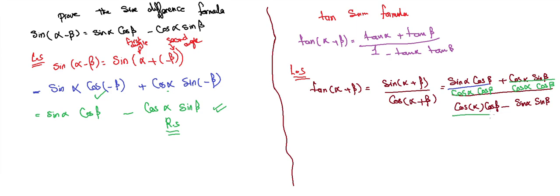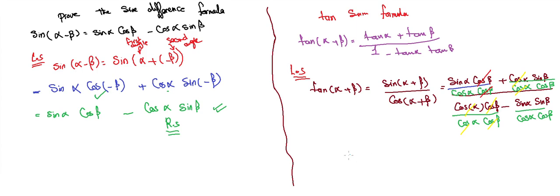Excellent. Do the same thing down, because you've done something up, so to keep the balance you have to do it again down. So cosine alpha cosine beta, and here cosine alpha cosine beta. Yes, finalize your answer, please. Cosine alpha has gone, cosine beta has gone.